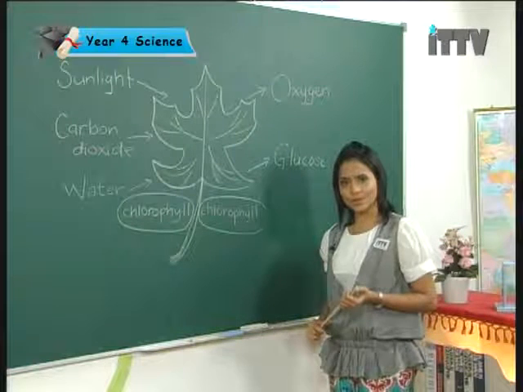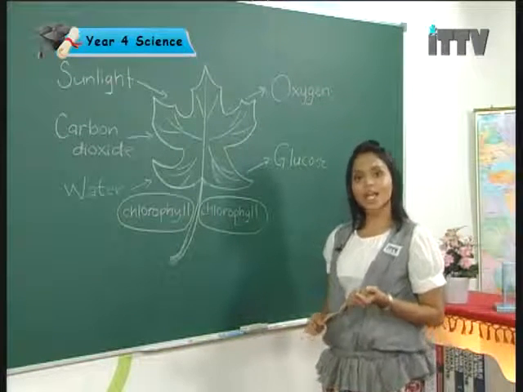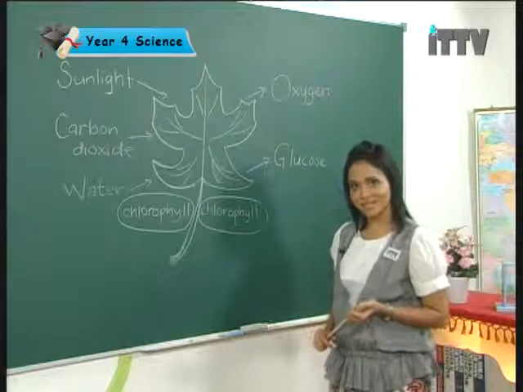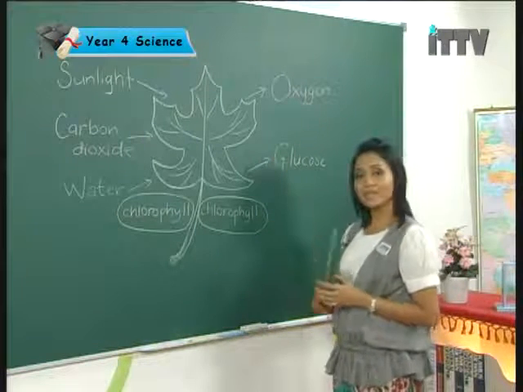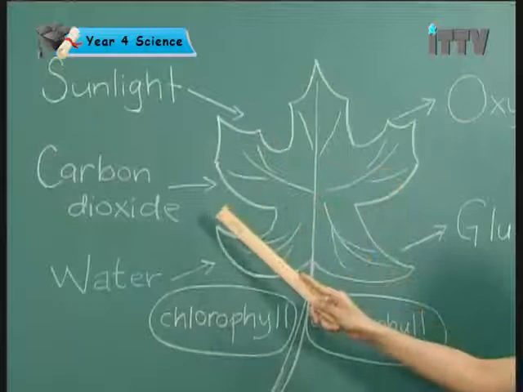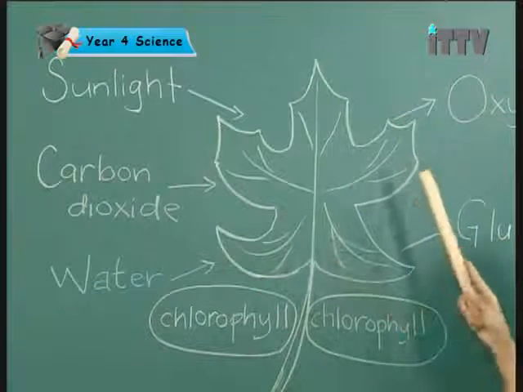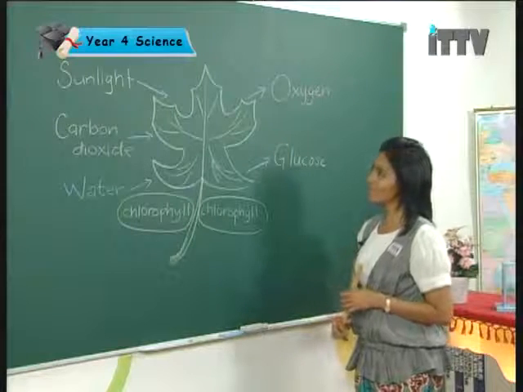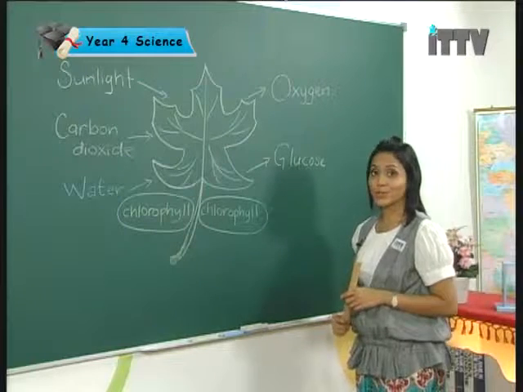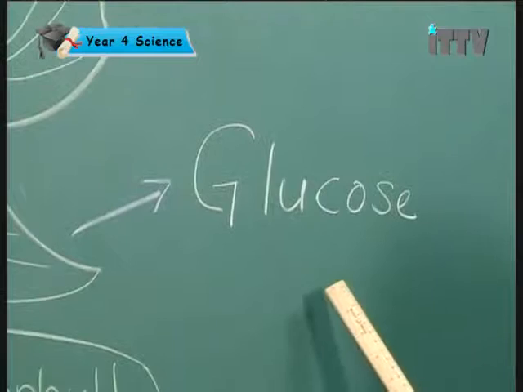What is chlorophyll? Chlorophyll is the green pigment which colors the leaves of the plant. What happens in the process of photosynthesis when sunlight, carbon dioxide and water are used by the green leaf? They produce oxygen and glucose.